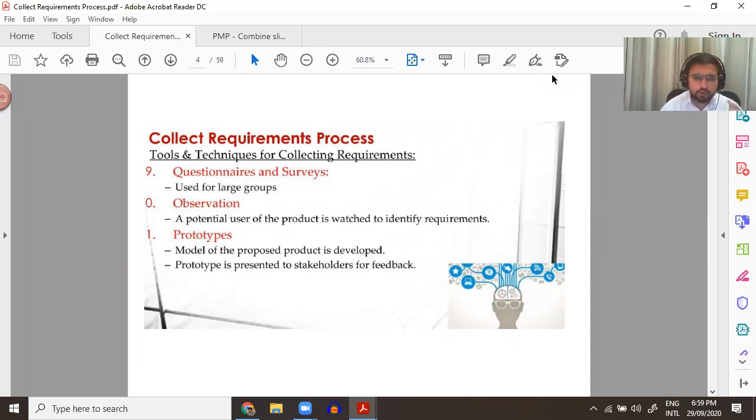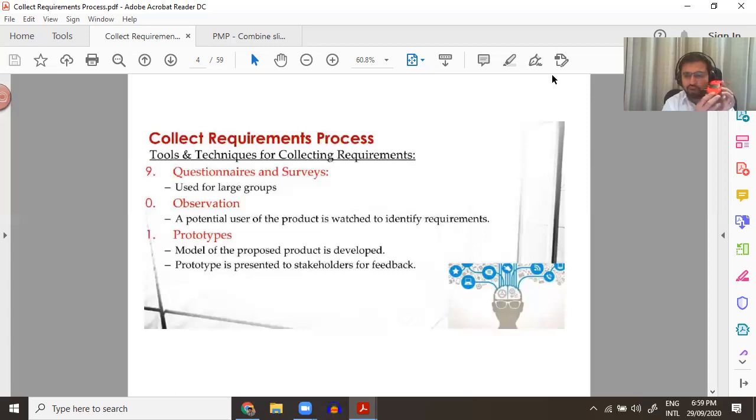For example, if you want to know whether a particular food will work in this area or not, you can give a free sample, or you can send out surveys asking the people whether they will pay for this food as much as they are paying, or you can observe people or other shops and see how their product is doing and how you can improve, or you can make a prototype.